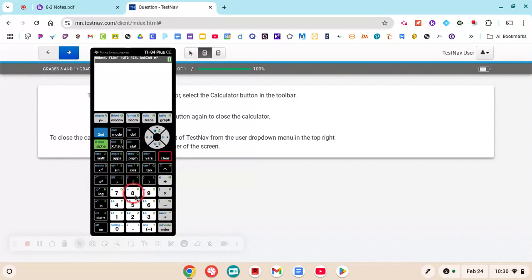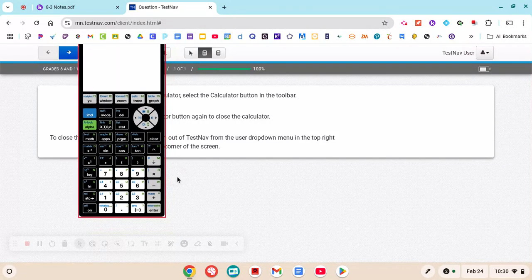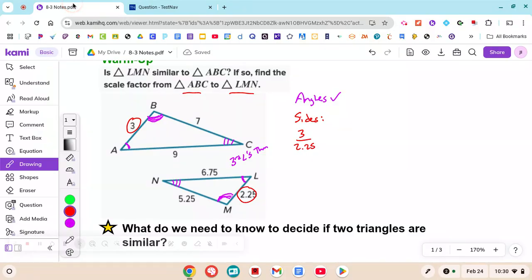So if we do 3 divided by 2.25, we hit enter. It gives this back as a decimal. But if you go to the math button, the first one is fraction. It's going to change it, and it says it's 4/3. So this is the same thing as 4/3.